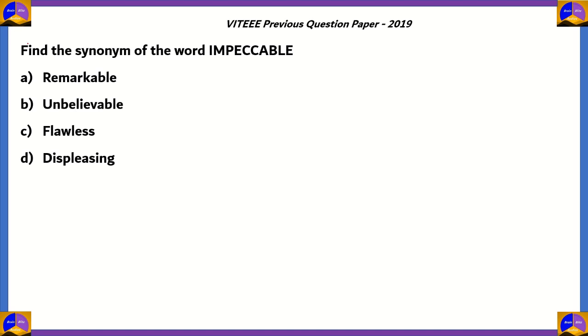Next question. Find the synonym of the word impeccable. Synonym means words that mean the same. So we need a word with the same meaning as impeccable. In order to solve this question, we need to know what impeccable means.